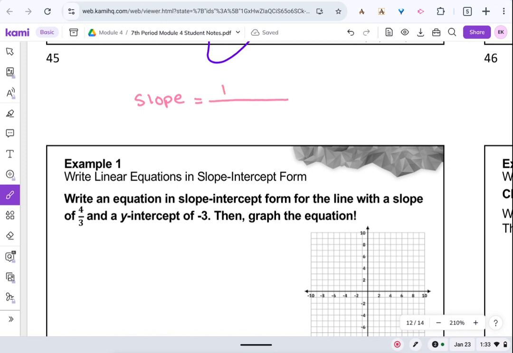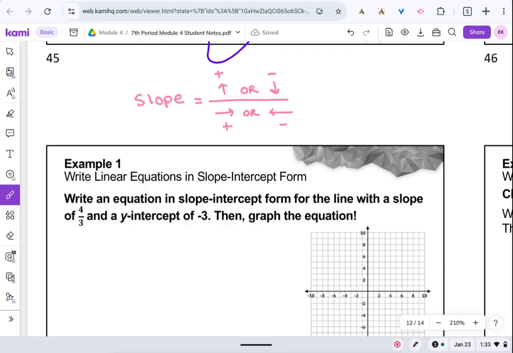So we're either going to go up or down first for slope. Up is the positive direction, down is our negative direction. Then we move right or left. Right is our positive direction, left is our negative direction. So we need to refer back to this every time we go to count more slope points.